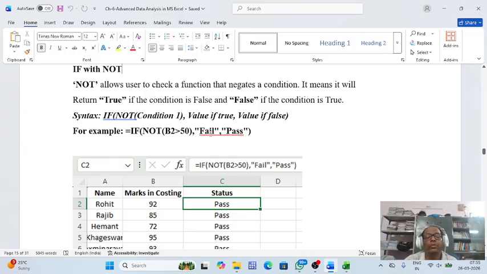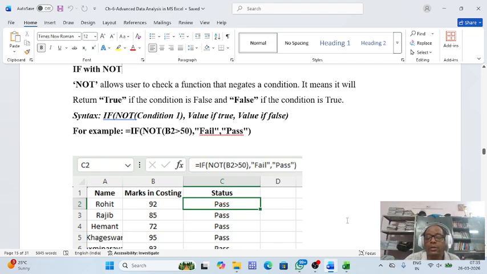Okay, so you can write in two ways. If you don't want to write B2 is lesser than 50, then fail or pass. But if you are using NOT, then you have to make the statement this way: IF NOT B2 is greater than 50, then it is fail, otherwise it is pass.